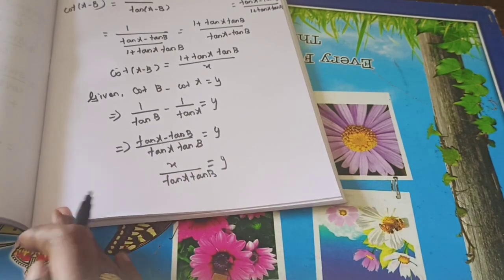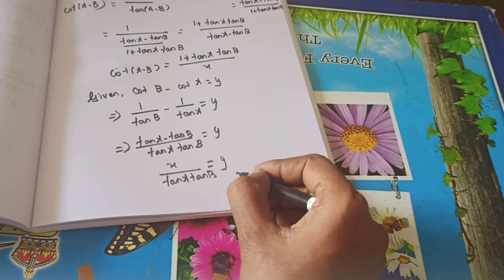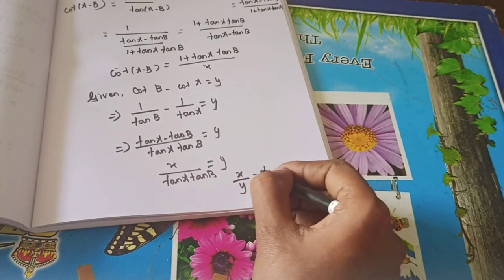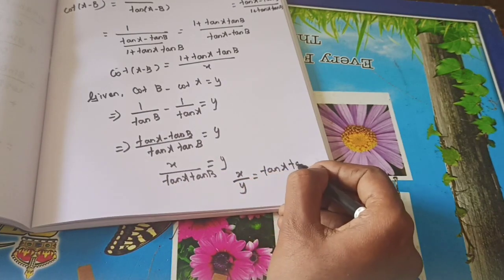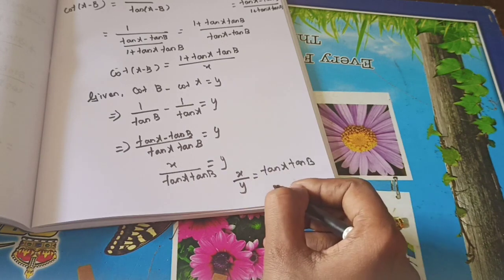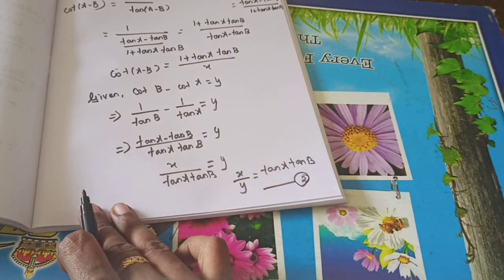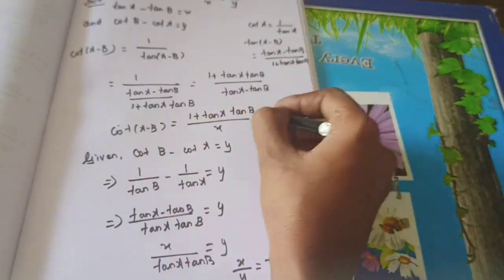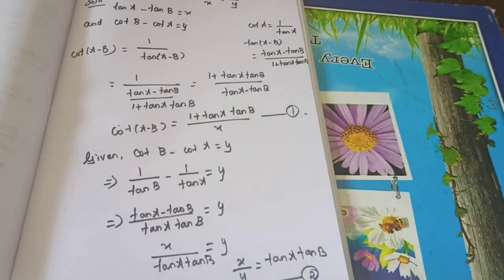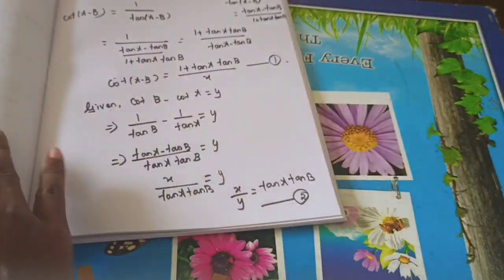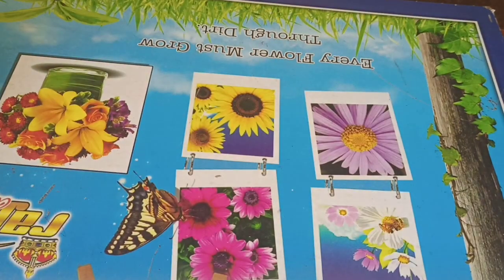Now bring this to here. So what will happen? x by y equal to tan A tan B. Okay. You consider this as equation number 2. This is equation number 1. Understand, students? This is equation number 1 and this is equation number 2.